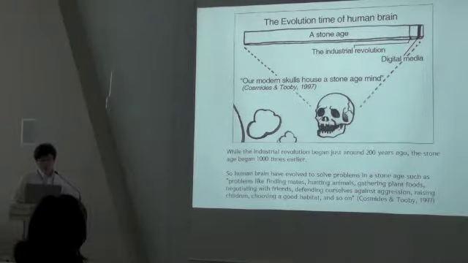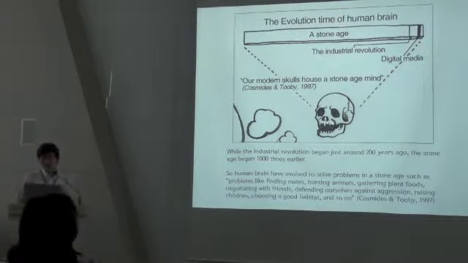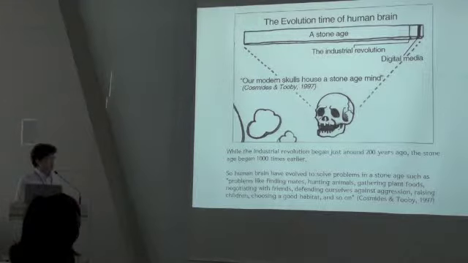The history of modern civilization began just around 200 years ago. The Stone Age began 10 times earlier than that. And even in terms of digital media, the computer game is less than 100 years old.